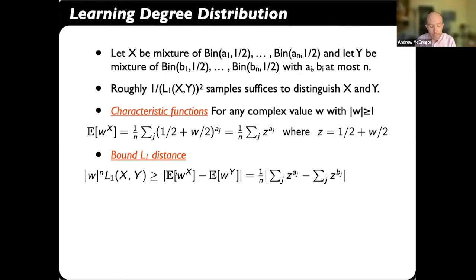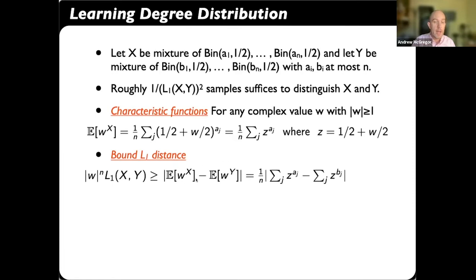And then it's fairly straightforward to show that if you have a function f, the difference between the expectation of f of X and the expectation of f of Y is at most the variational distance times the maximum value the function can take, which in this case is W to the n.